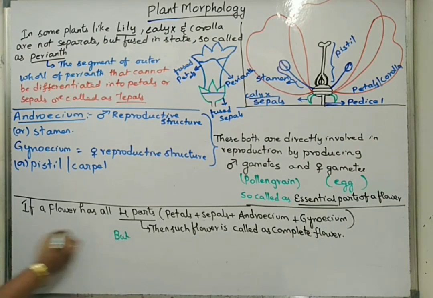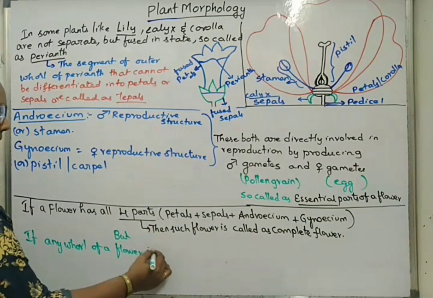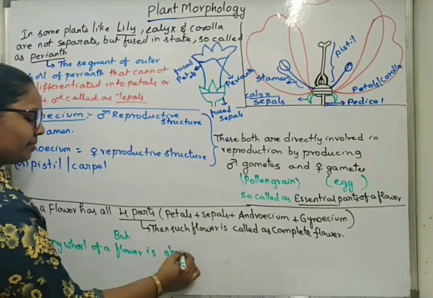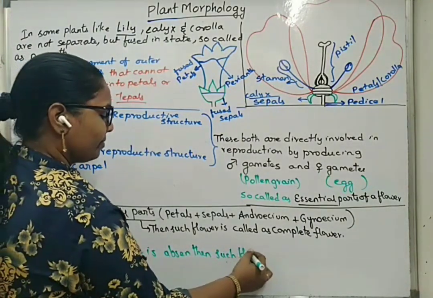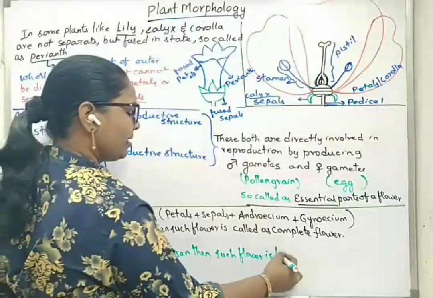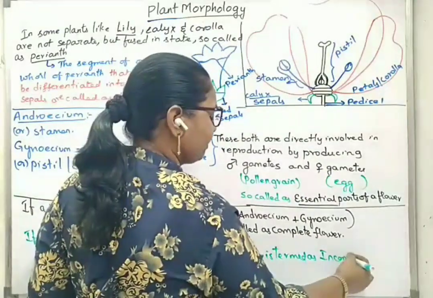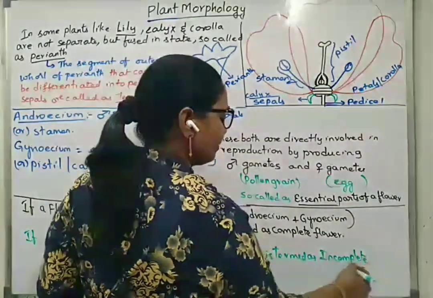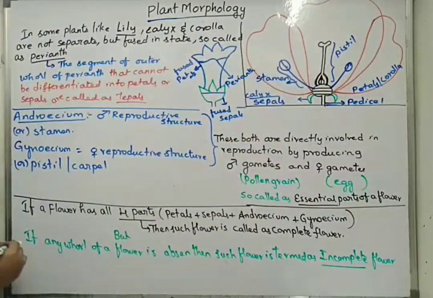But if any whorl of a flower is missing or absent, then such a flower is termed an incomplete flower.